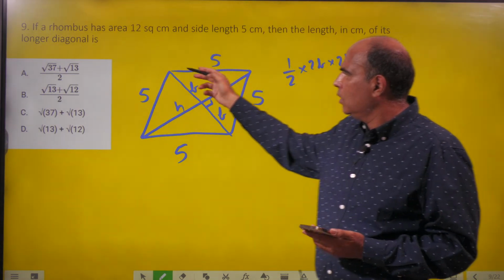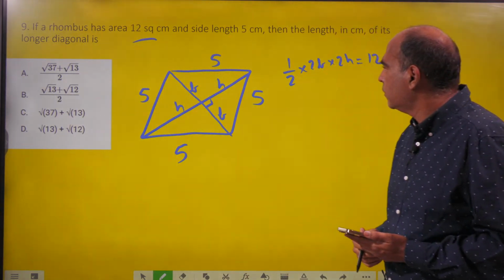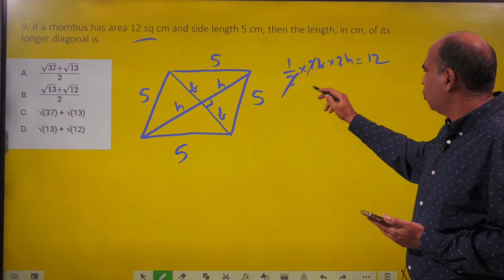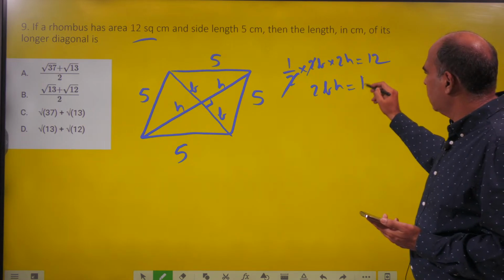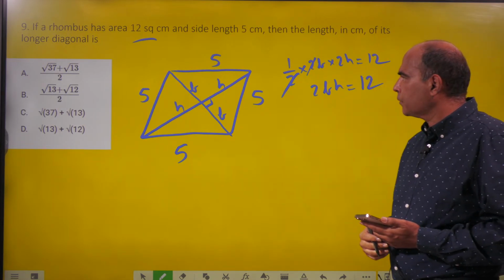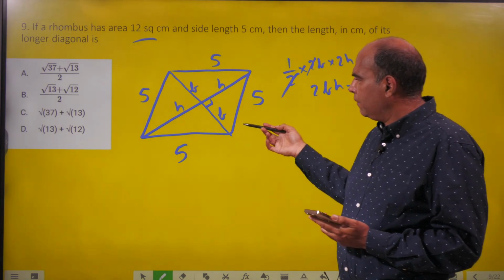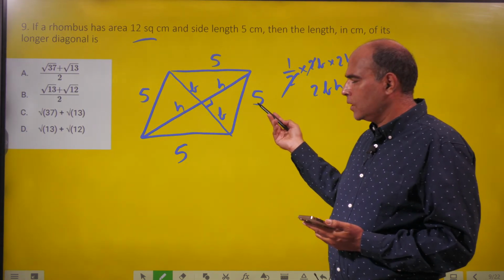This is the expression for the area of the rhombus. What that gives me is that 2BH is equal to 12, and BH is equal to 6. And when you have the side length of 5, you can of course use Pythagoras on this to get B square plus H square is equal to 25.